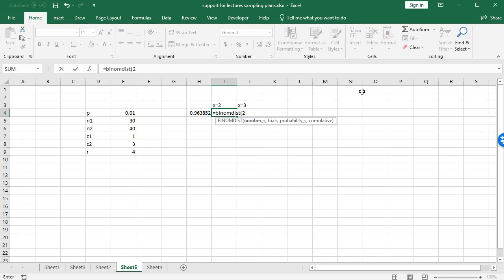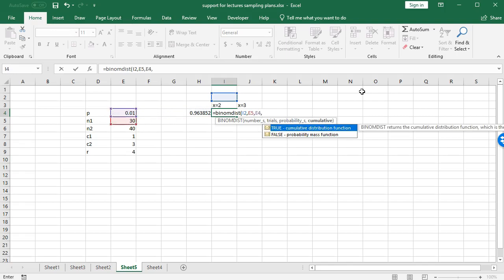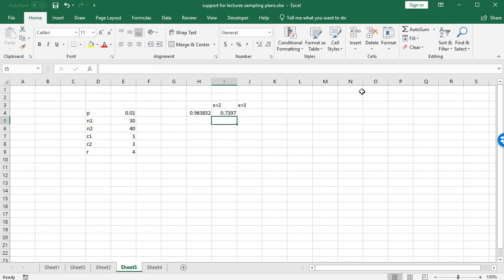Well, I'm going to use reference cells so I can change those in case I want an analysis. Number of trials 30, probability 1%, and I don't want the cumulative because I am not interested in the possibilities of 0, 1, and 2, only when it gets to 2. So it's 0 here.